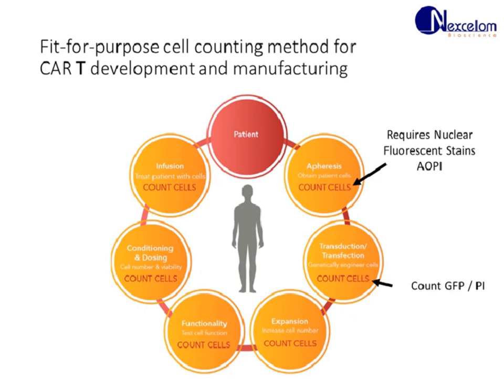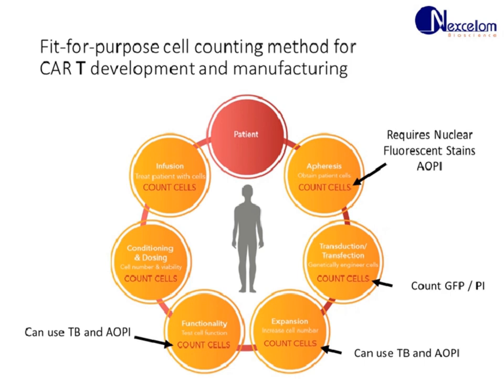Next, when you're doing transduction and transfection of the T cells or of the primary sample, you can use the fluorescent cell counter and count GFP positive and PI negative cells. When you look at the expansion, by this time most of the T cells are clean and the RBCs and platelets have been removed, so you could just use Trypan blue and AOPI to count the cells.